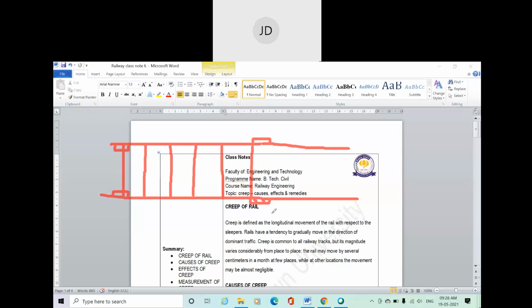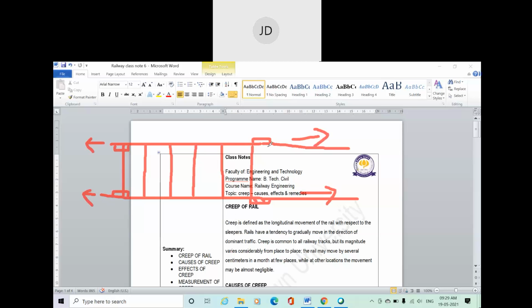Now what is creep actually? Creep is defined as the longitudinal movement of the rail. That means this particular rail can move in this direction and also can move in this direction, due to different reasons, maybe because of poor maintenance of the track or any other reason.